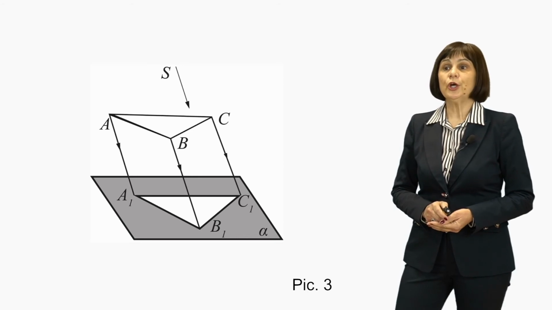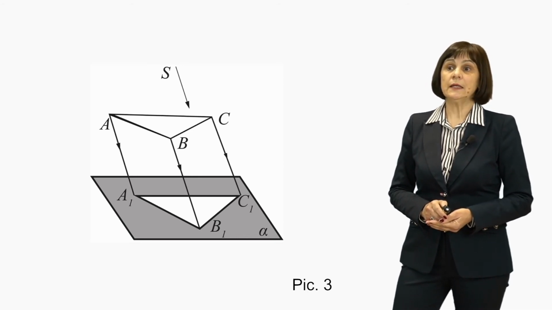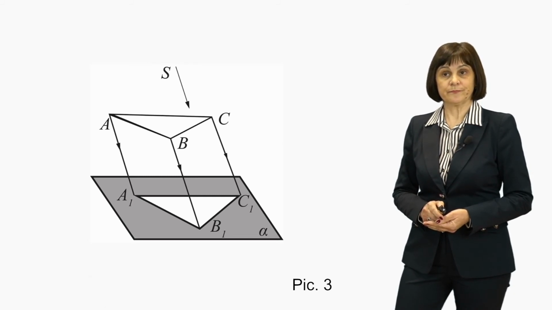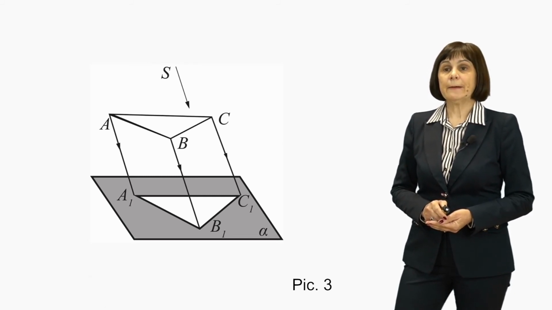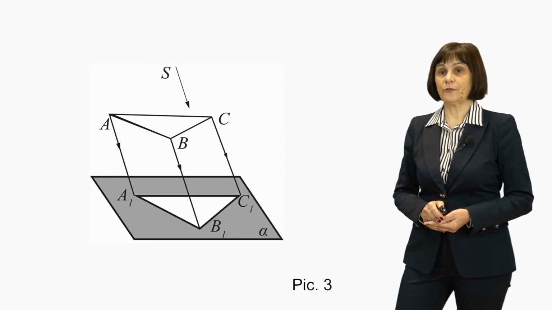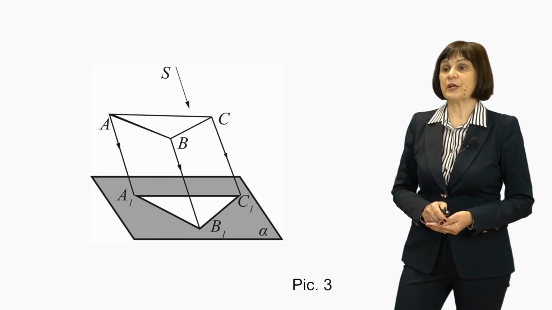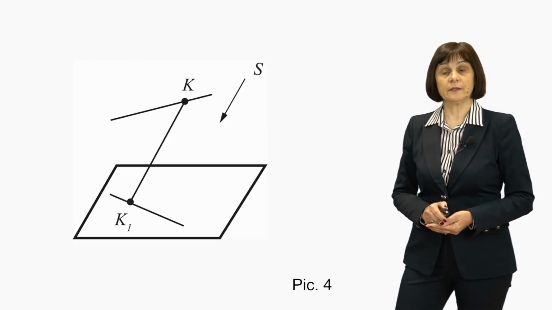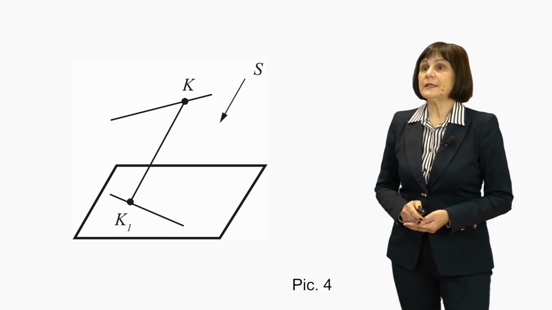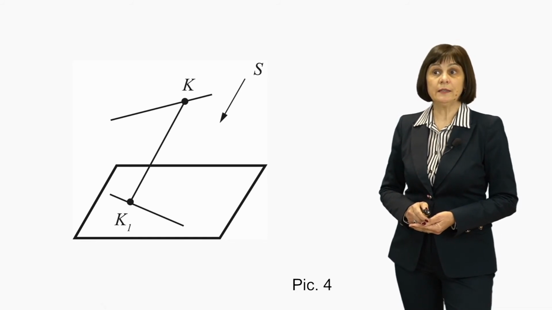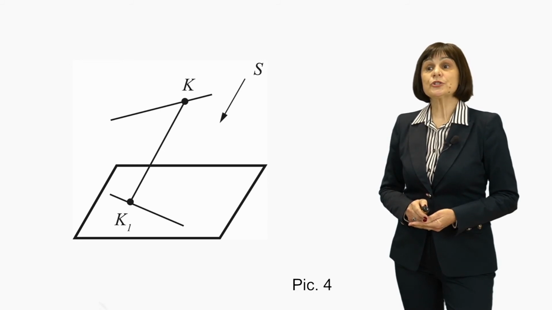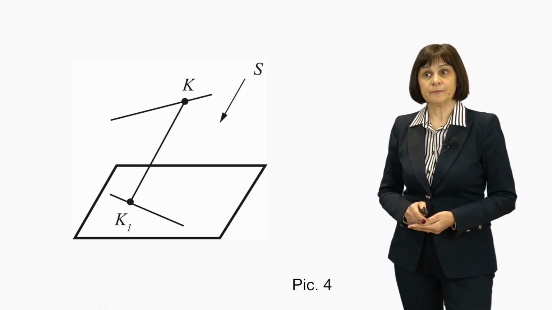First of all, each point and line in space has a single projection. The second, projection of a point is a point. The third, projection of a straight line is a line. The fourth, if a point in space belongs to a line, then the projection of that point belongs to the projection of the line.